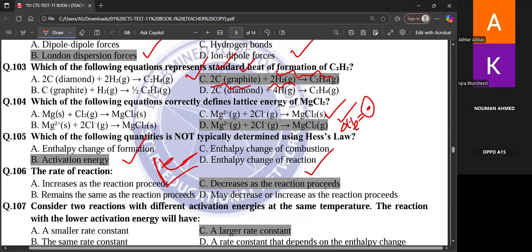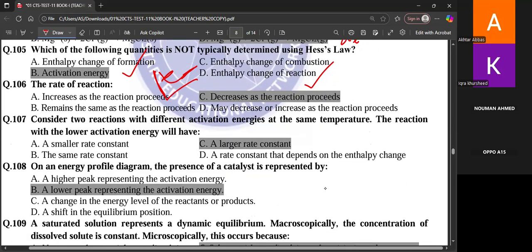Consider two reactions with different activation energies at the same temperature. The reaction with the lower activation energy will have a larger rate constant. When the constant is larger, then the rate is greater. Next, question 108. On an energy profile diagram, the presence of a catalyst is represented by what? The function of a catalyst is to decrease activation energy.